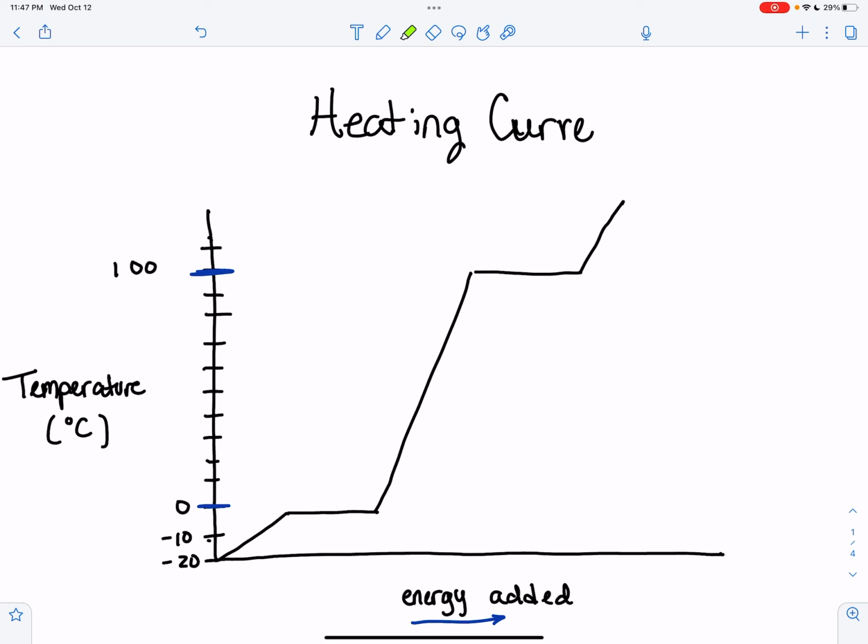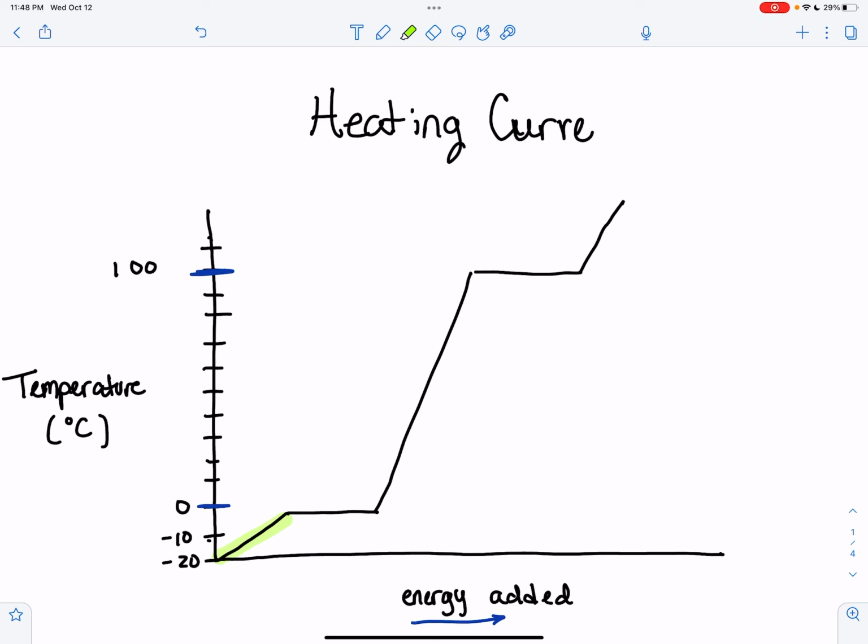If this is the heating curve of water, we all know that water will freeze at 0 degrees Celsius, or you could also say it melts at 0 degrees Celsius. Prior to 0 degrees Celsius, we know that it's ice, and ice can be colder than 0 because, in cold weather, if you go outside and touch snow and different things, these things have temperatures colder than freezing.